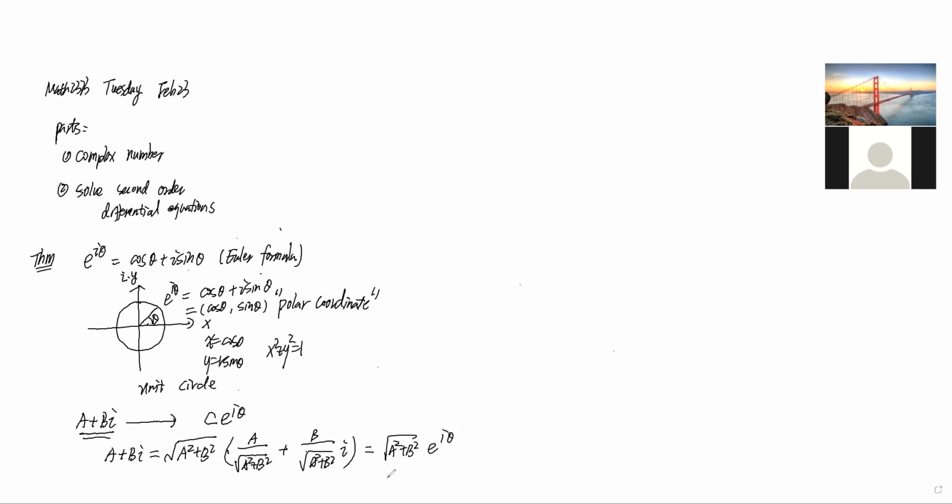So what's θ? Cos θ is a over the square root of a squared plus b squared, and sin θ is b over the same. The technique is you have to consider both, because you don't know whether θ is in the first, second, third, or fourth quadrant. You have to check both.